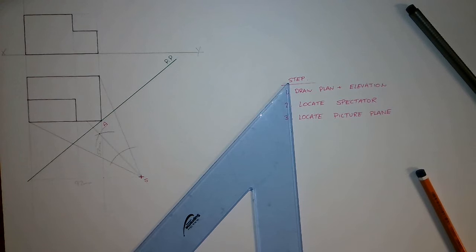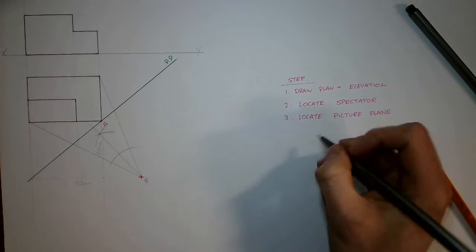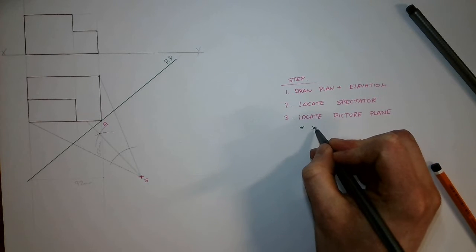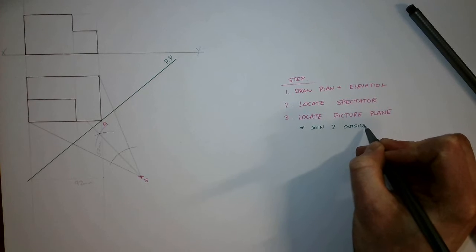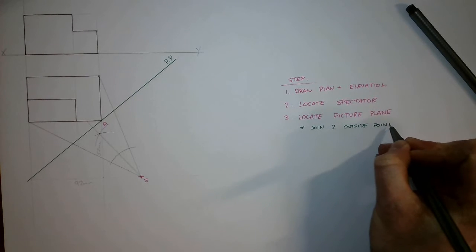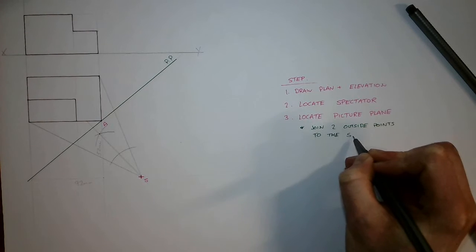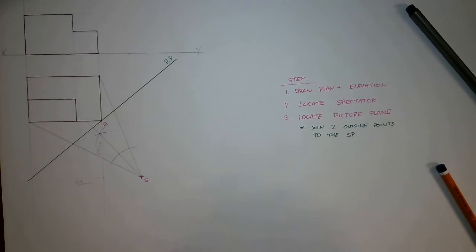So again, to locate the picture plane, step 1, join two outside points, whichever they are. Join the two outside points to the spectator. I'm just going to write S for the spectator, or I'll write SP for spectator point.